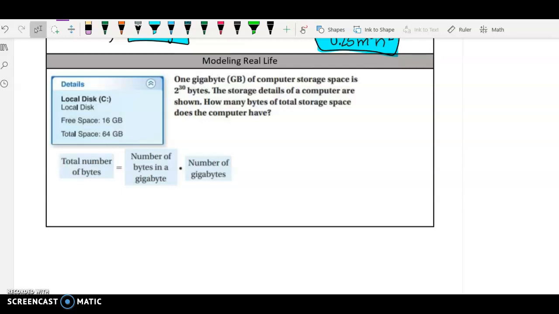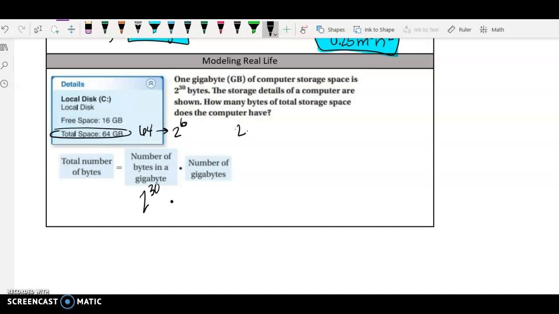So the number of bytes in a gigabyte we know is 2 to the 30th times the number of gigabytes. So the number of gigabytes is 64, and 64 can be written as 2 to the 6th power, right?